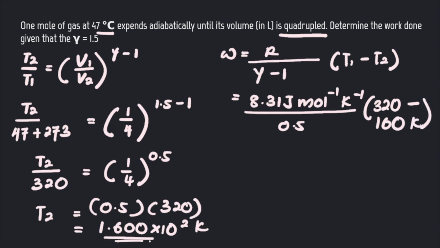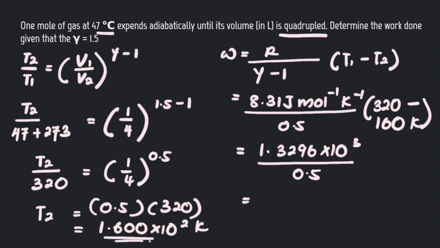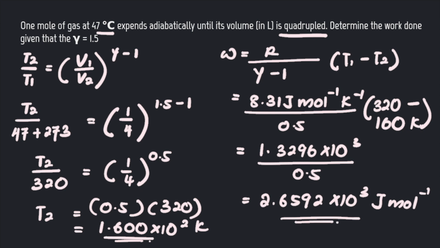These are in Kelvin. So you will get 1.3296 times 10 to the power of 3 divided by 0.5. So your final answer should be 2.6592 times 10 to the power of 3 joule per mole. So this is the final answer for the second question.